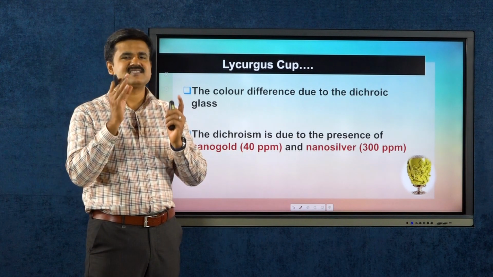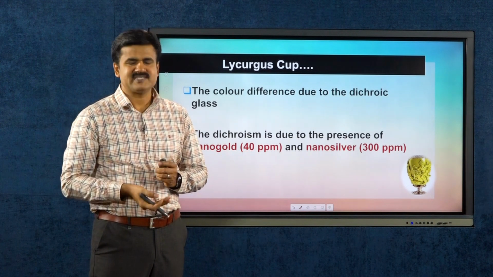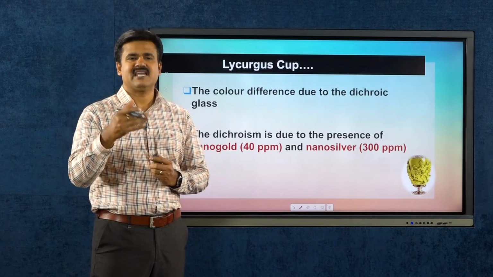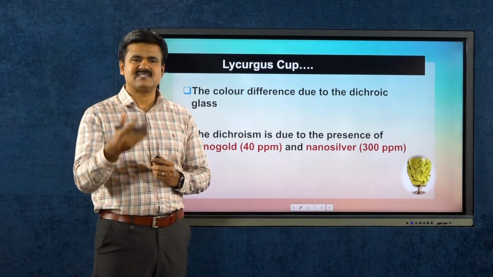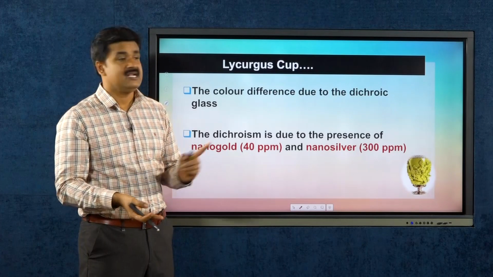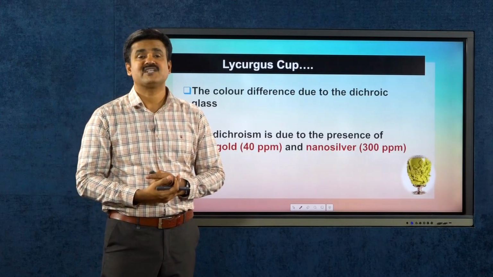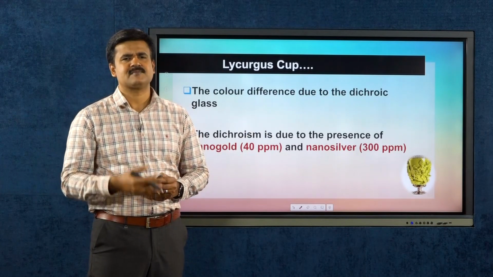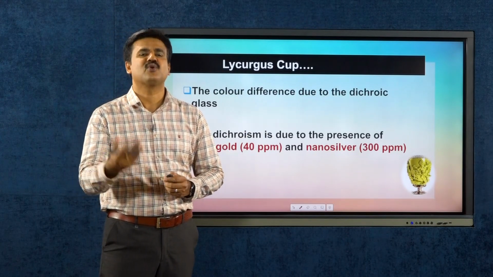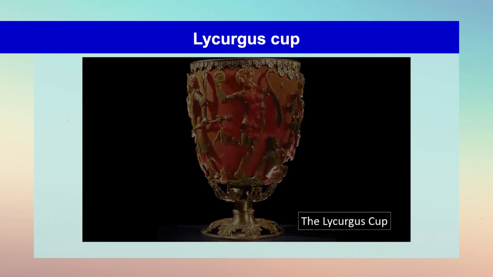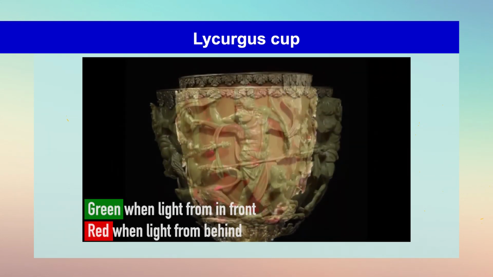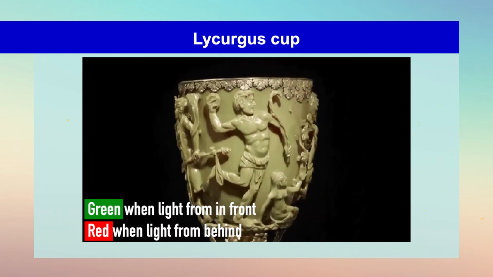So, this Lycurgus cup shows dichroism, different colors at different light sources, and dichroism is attributed to the presence of nano gold and nano silver. This is the most important conclusion associated with the Lycurgus cup. We can enter into the compositions and color in more detail.